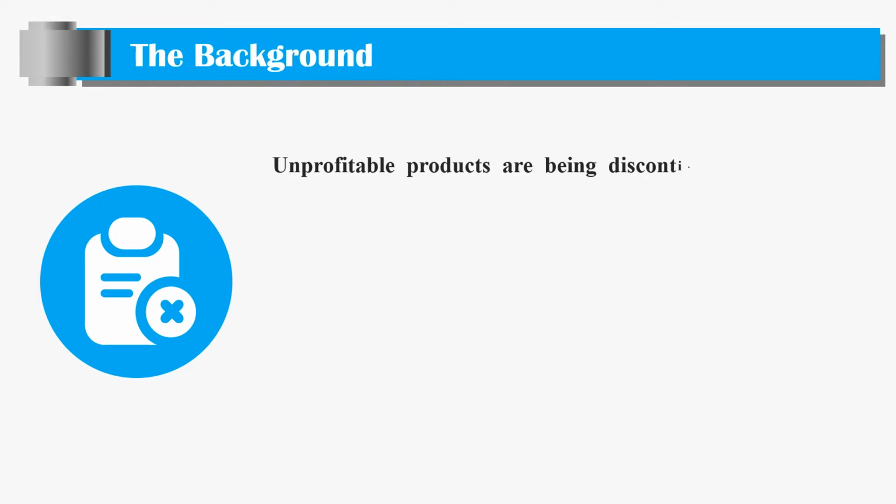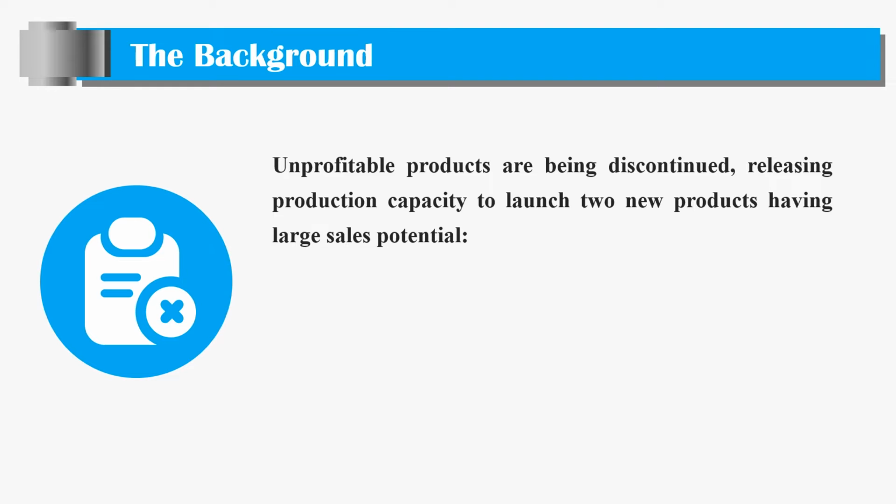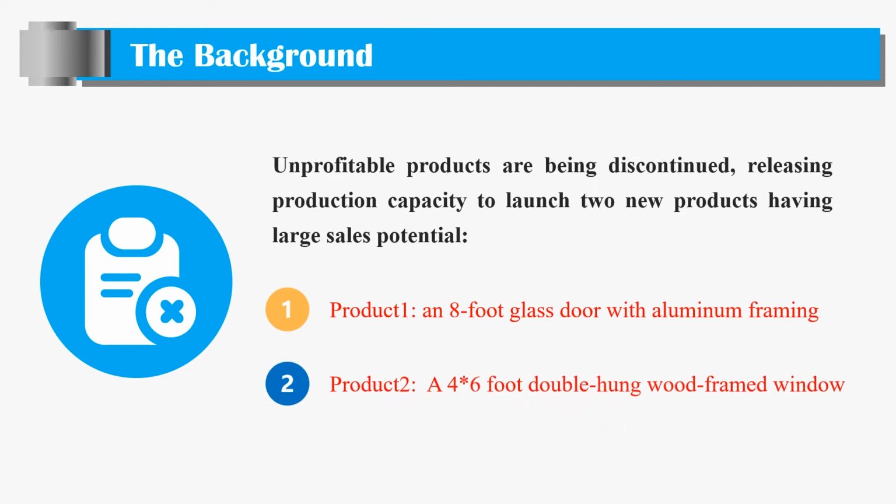Outdated products are being discontinued, releasing production capacity to launch 2 new products having large sales potential. That is, product 1, an 8-foot glass door with aluminum frame. Product 2, a 4 times 6-foot double-hung wood-frame window.